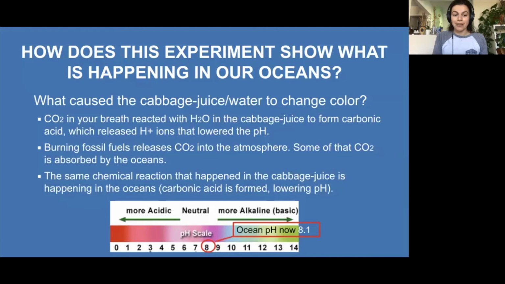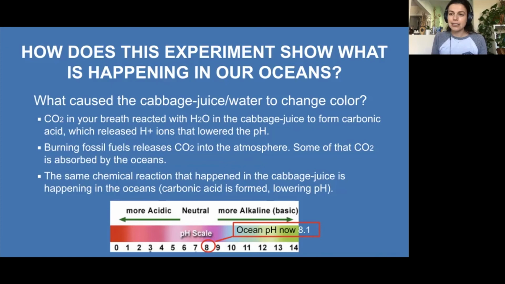So what does this all mean for our experiment and for the ocean? Why did this solution become more acidic when breathing carbon dioxide into it? Well, the carbon dioxide in our breath combined with the water in the cabbage juice to form an acid called carbonic acid, causing the pH of the solution to drop and the cabbage juice to turn more purple in color.